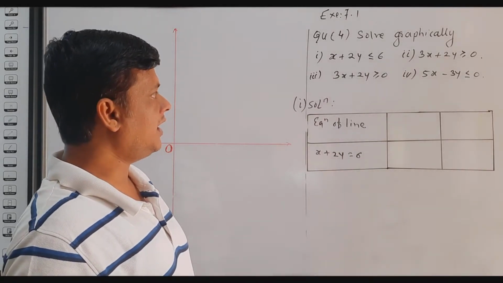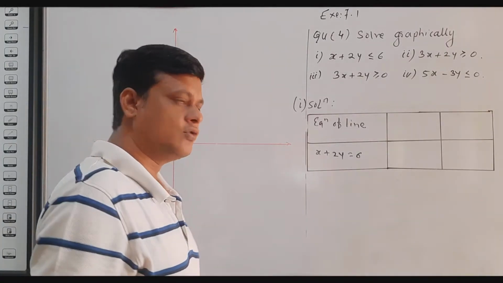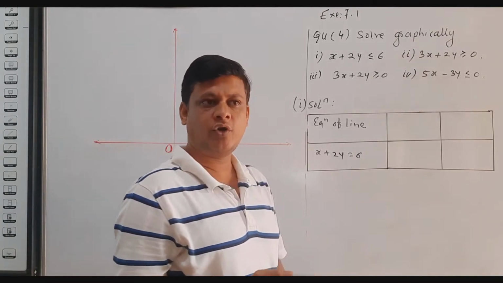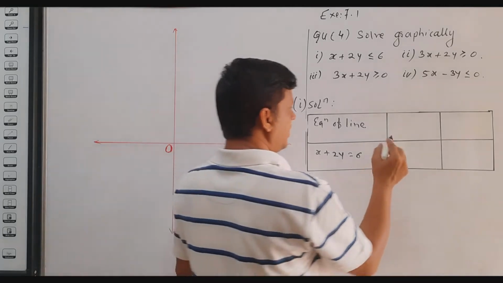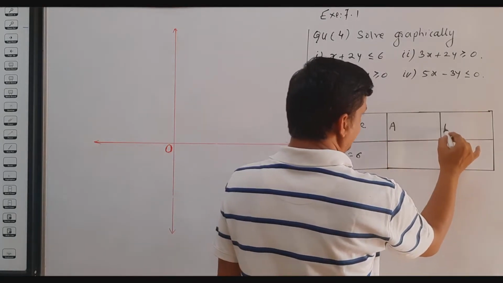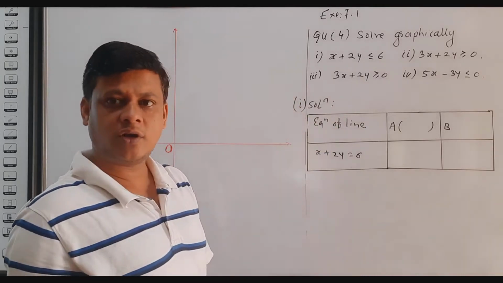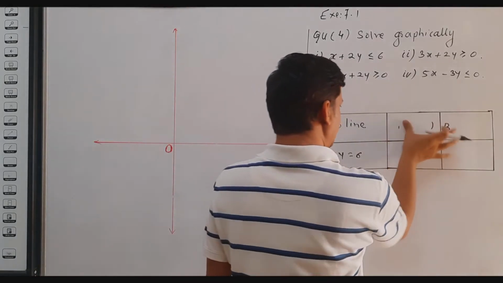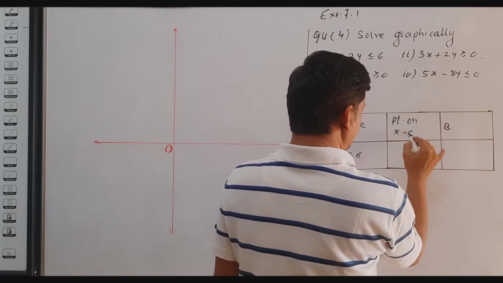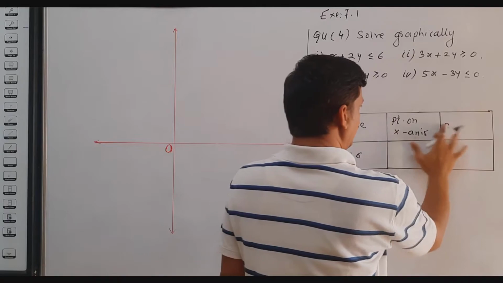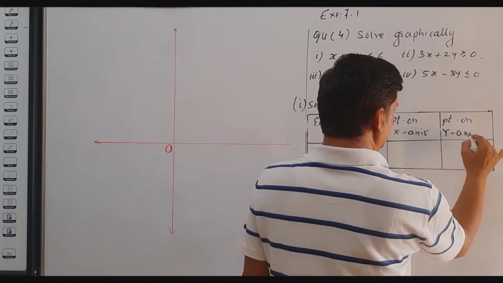For drawing a line we require 2 points. So we take one point on the x-axis and another point on the y-axis. We consider these 2 points as points A and B. So we write here the point on x-axis, and here we take the point on y-axis.